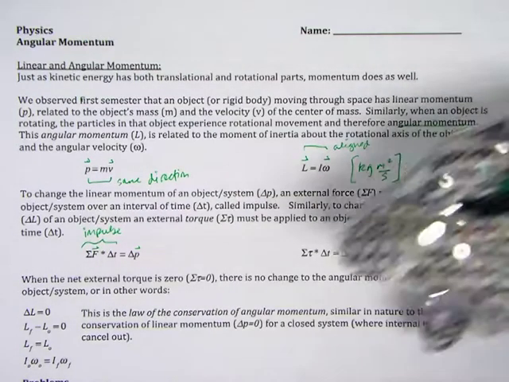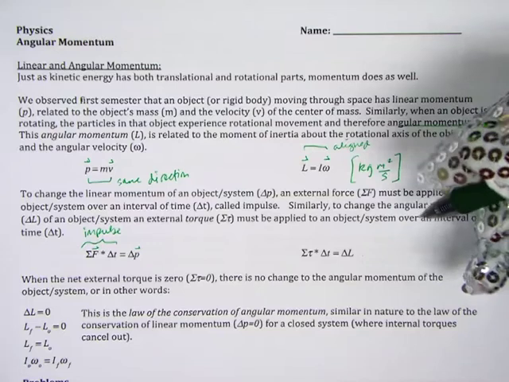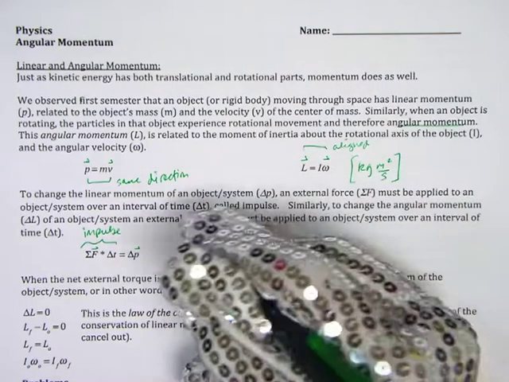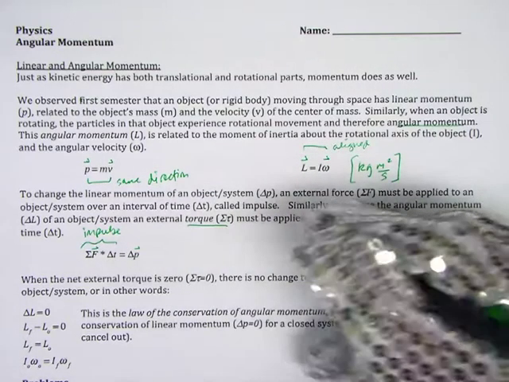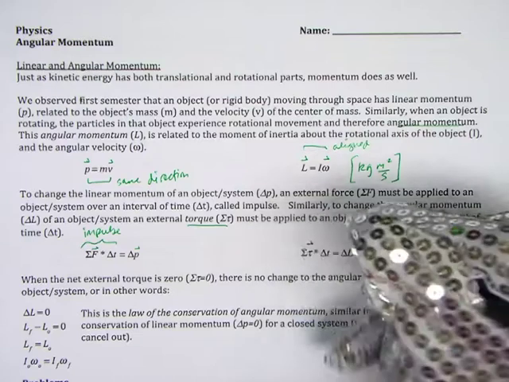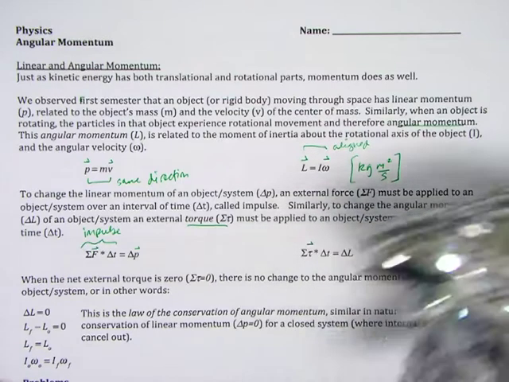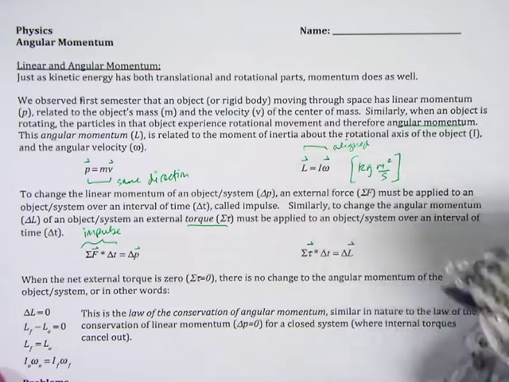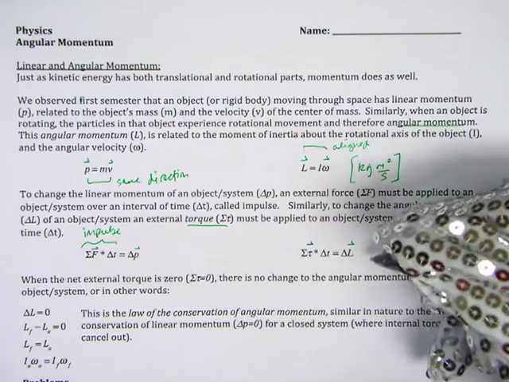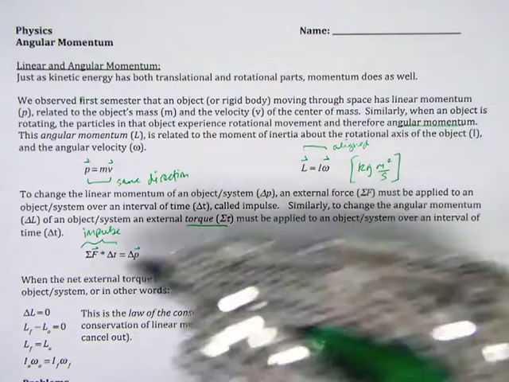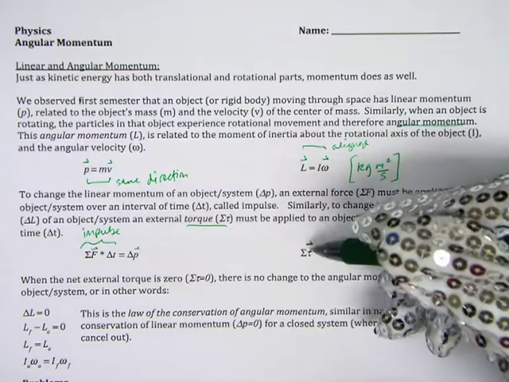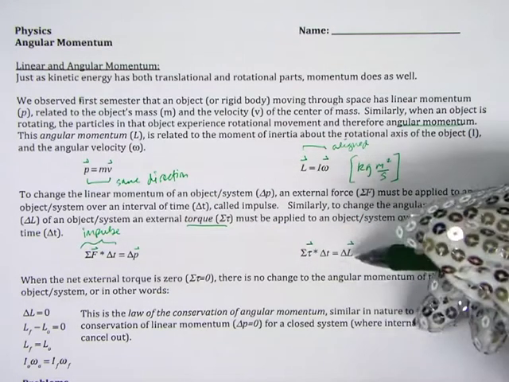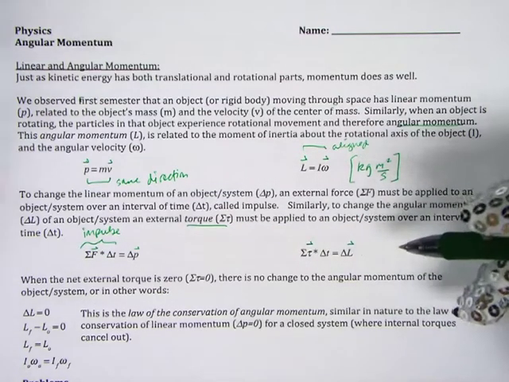Now, the same thing will be true with angular momentum, but this time it's an external torque, tau, or the net external torque, sigma tau, times the time period will equal the change of the angular momentum of that object or system. So external forces cause changes in linear momentum. External torques cause changes in angular momentum of an object or system.